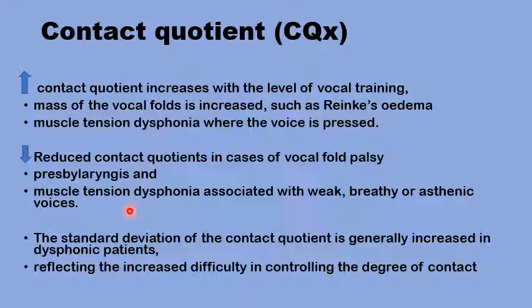What is also of importance is the standard deviation of the contact quotient between different cycles, as this would generally reflect an increase in dysphonia due to the difficulty in controlling the degree of contact from one cycle to the other.